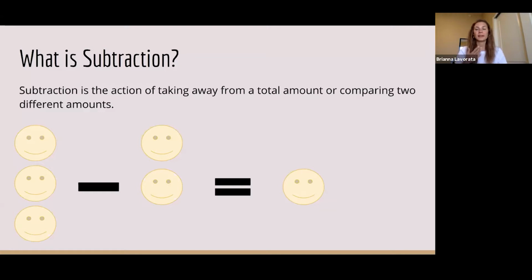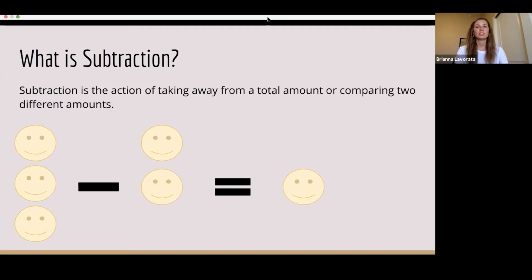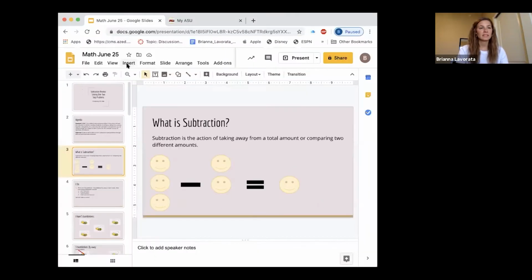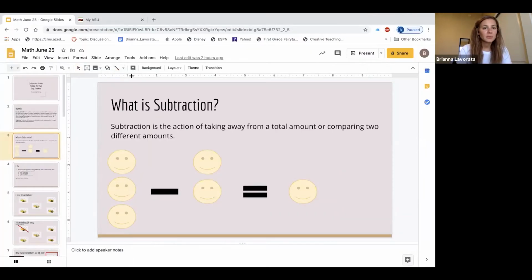So what we're doing here is taking away, so we started with 3 smiley faces. We're going to be taking 2 of those away, okay? So I'm going to show you guys how we can take that away. So we are going to cross off 1 smiley face here.